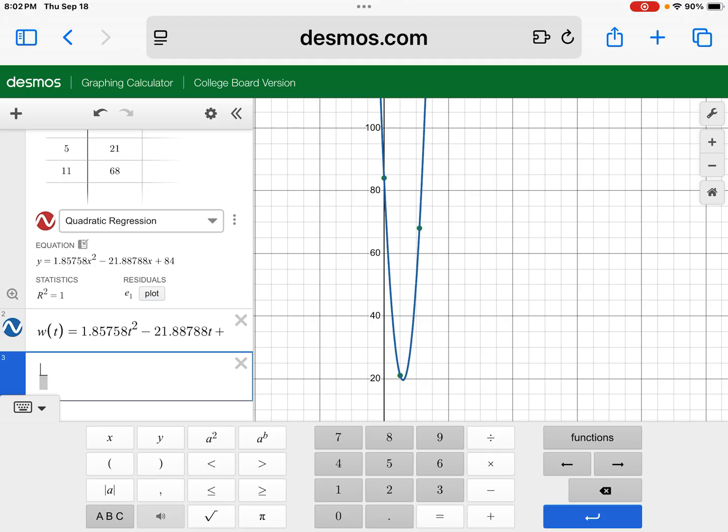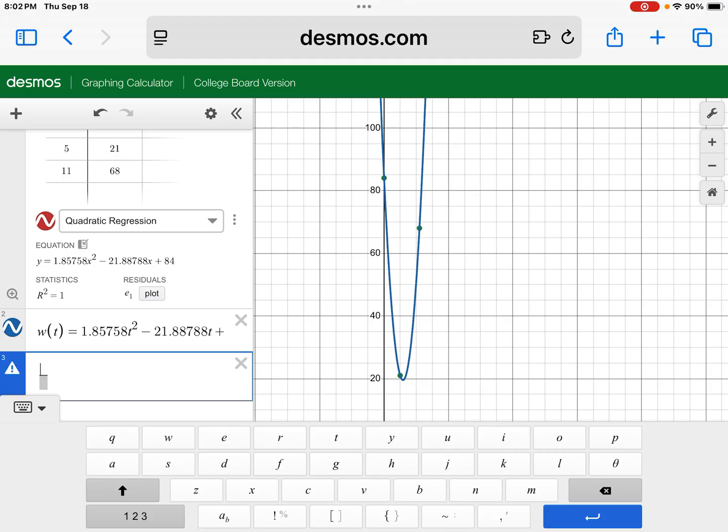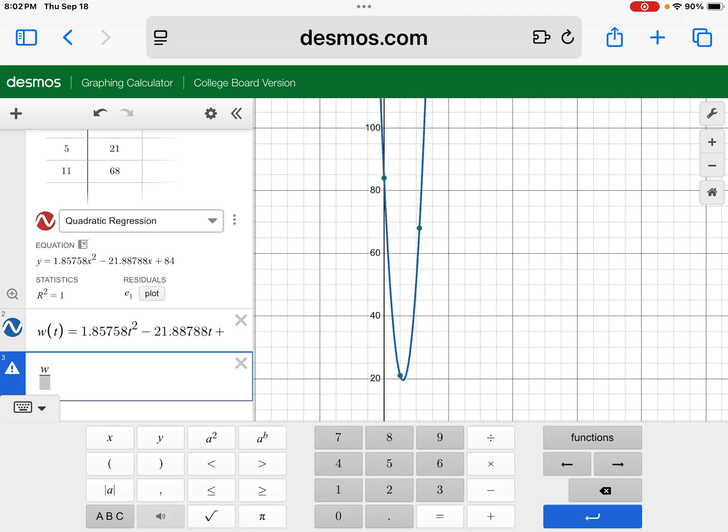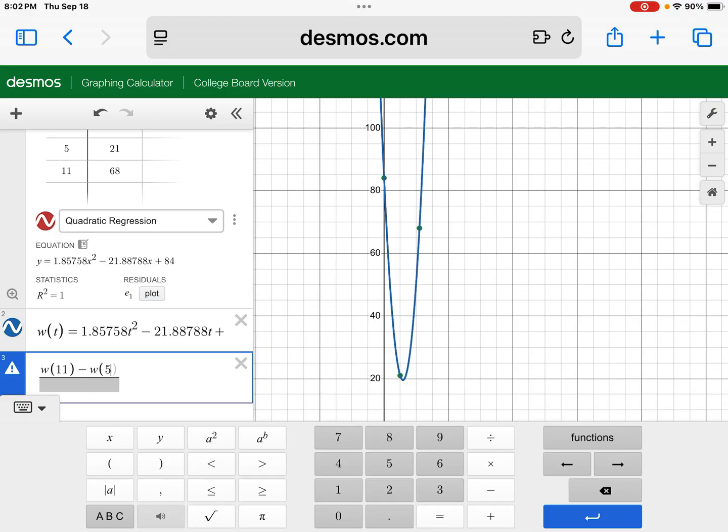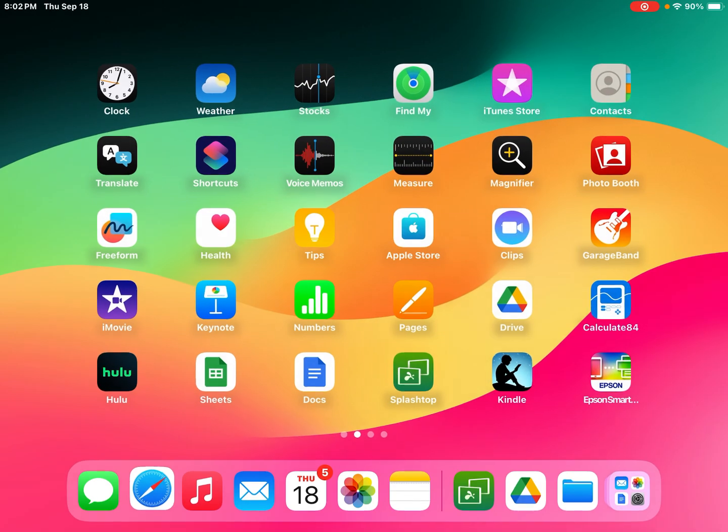I'll get my fraction: W of 11 minus W of 5 over 11 minus 5. And look, 7.8334. That is your average rate of change on that interval. Simple as that.